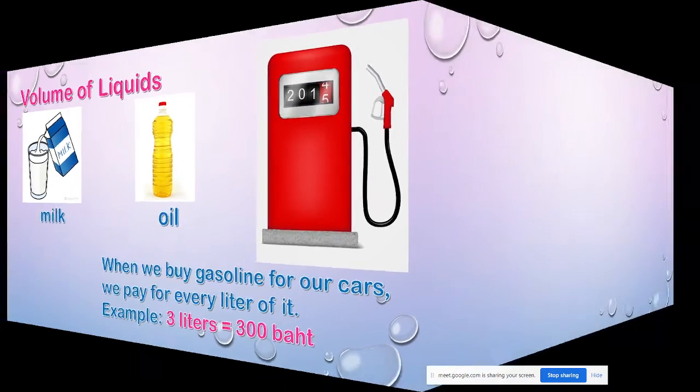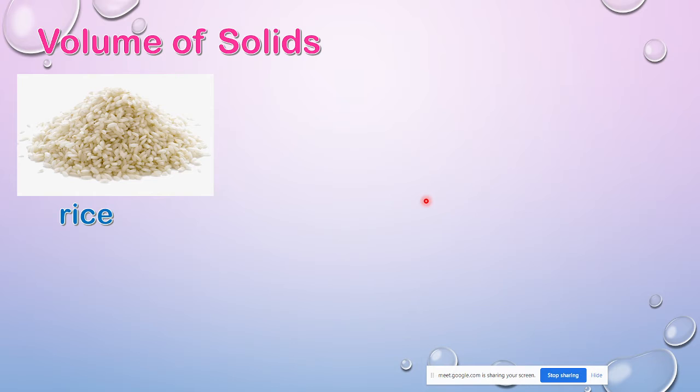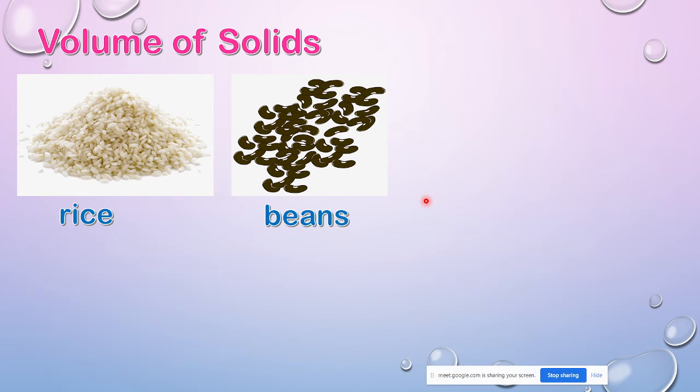Now, another one is volume in solids, such as rice and beans, things that you cannot count one by one. For example, can you count rice one by one? No, because there's a lot, right? Usually, we use a weighing scale to measure weight. We use kilogram and gram.